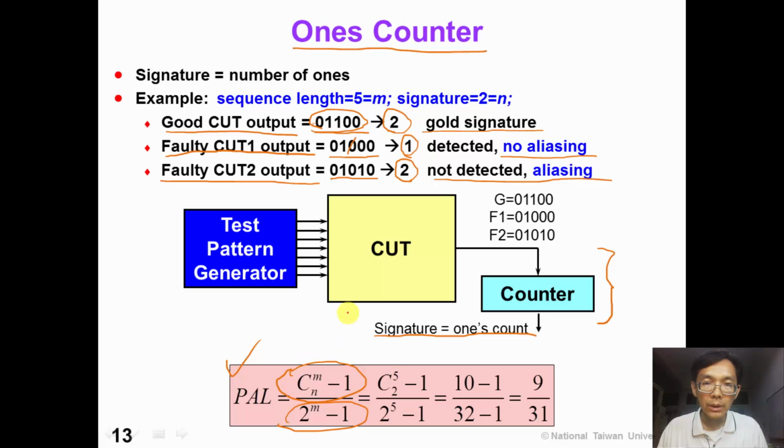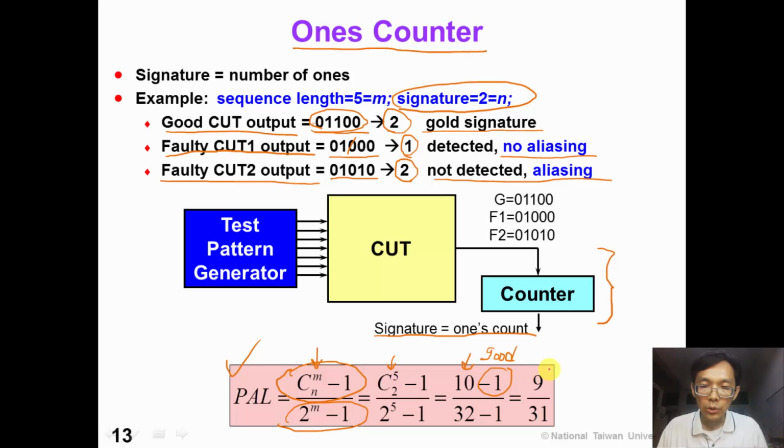In this particular example, n is equal to 2. If we plug in these numbers of m and n, we would get combinatorial 5 choose 2, that is 10, minus 1, which is the good output.